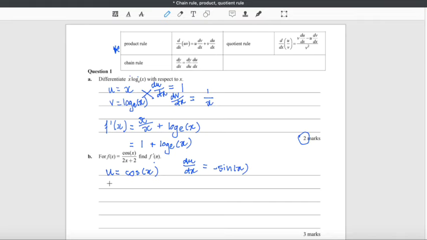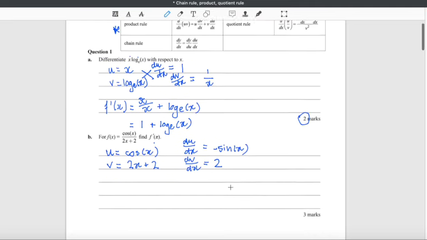That's also on your cheat sheet. The v is going to be 2x plus 2, because that's on the bottom. And the derivative of v with respect to x is going to be 2x. Well, the constant term is going to disappear, and 2x differentiated just gives us 2, because the variable disappears.